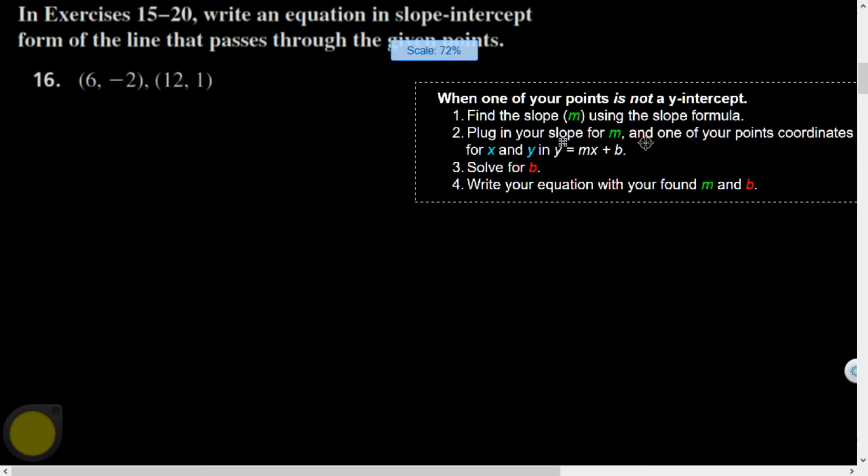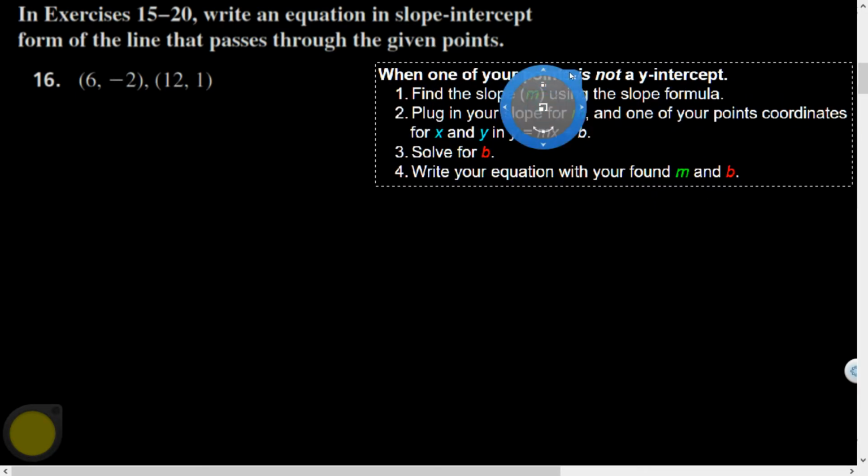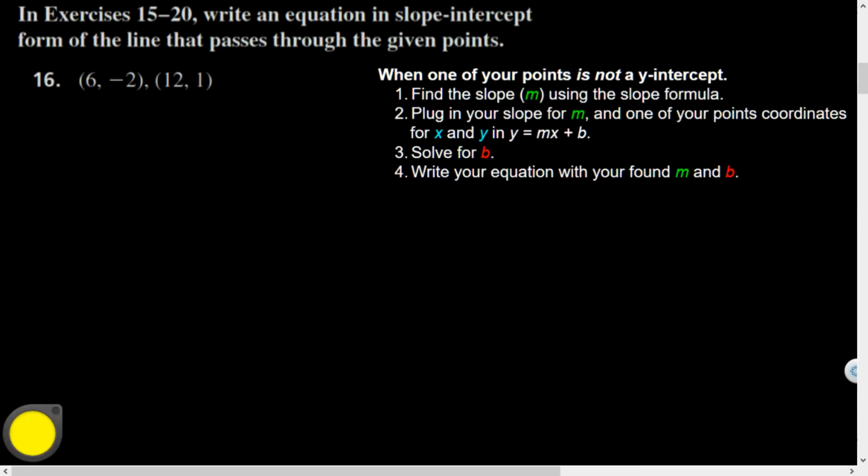I was just copying and pasting our little instructions over here. The problem is that neither of those is a y-intercept. And that's what these special instructions are for. So what do they tell us to do?